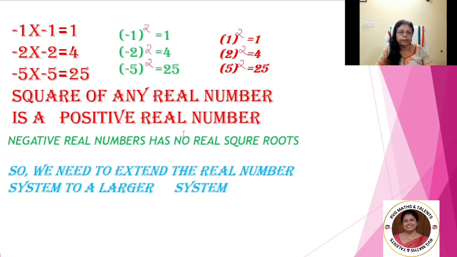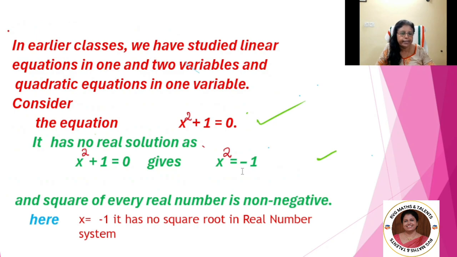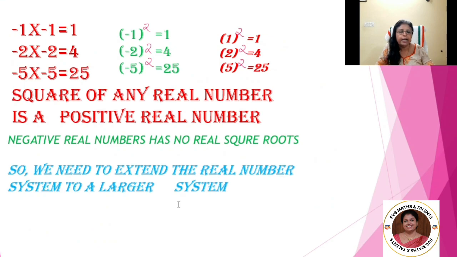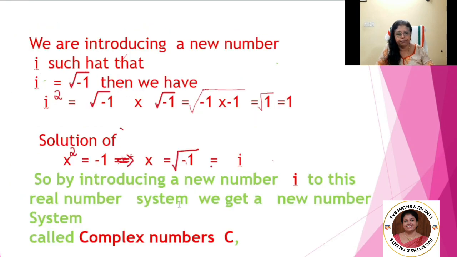So we cannot find the square root of negative 1 in the real number system. Negative numbers cannot have a square root in the real number system. So we are expanding this real number system to another larger number system.